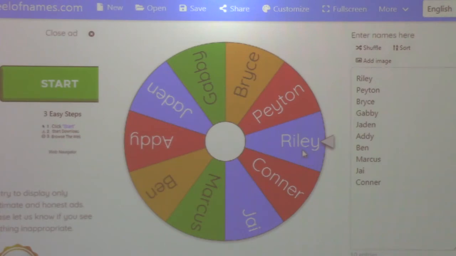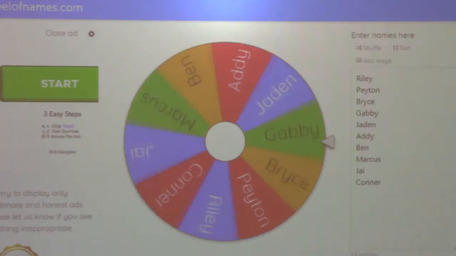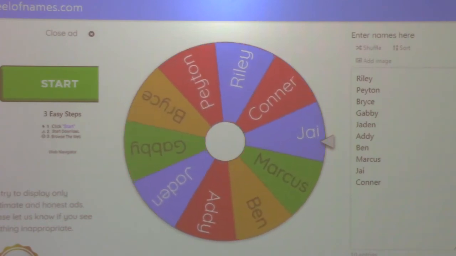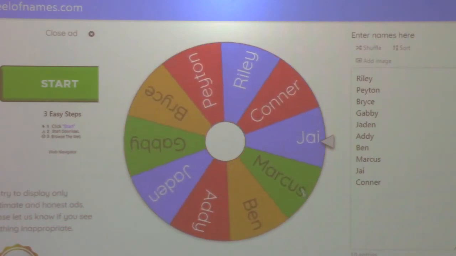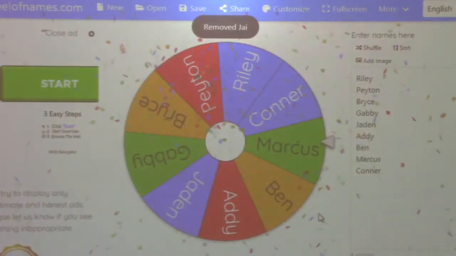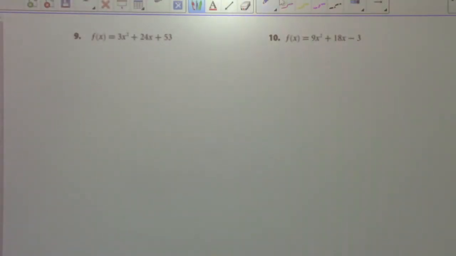Okay, now we're going to spin. Looks like it's going to be Jay again. All right, Jay's going to help us out with number 10. I think he did it yesterday, right? So go ahead, Jay.